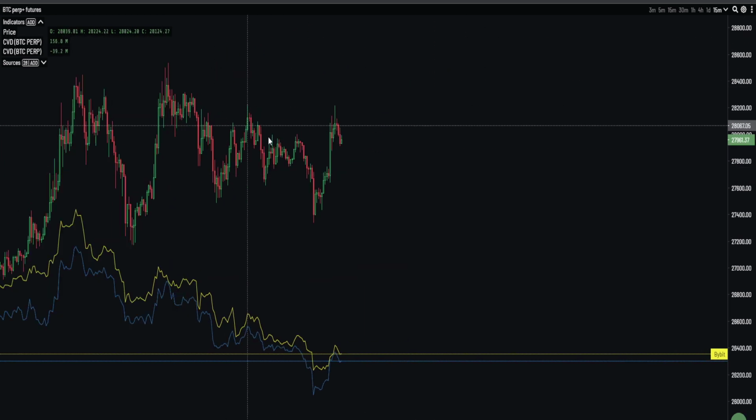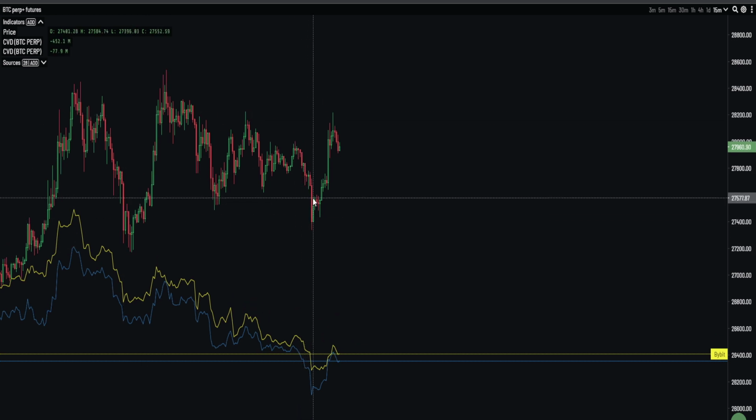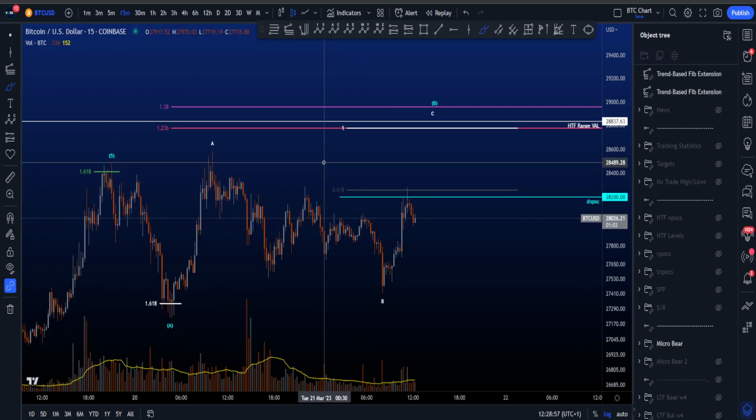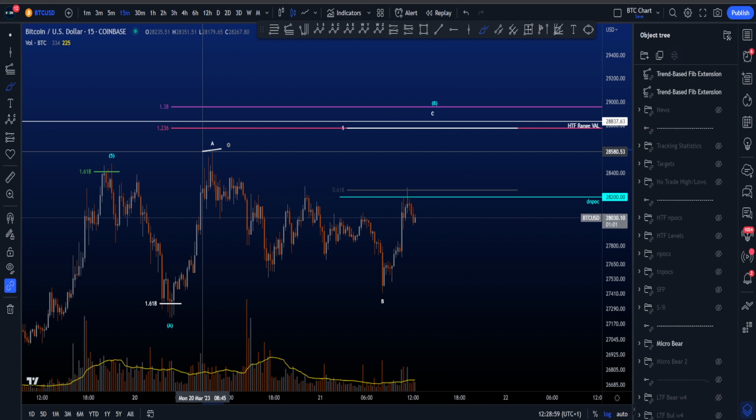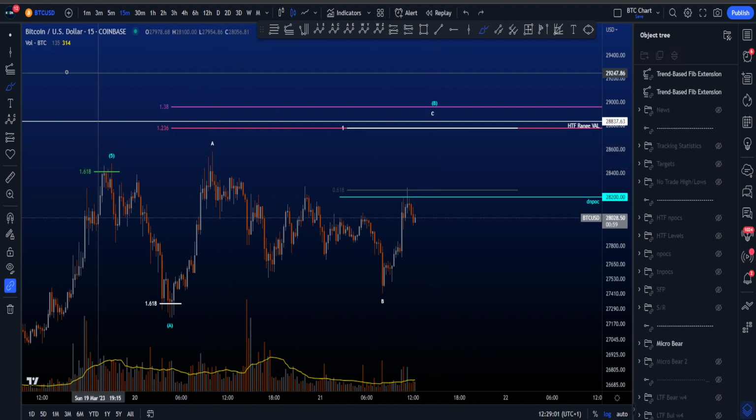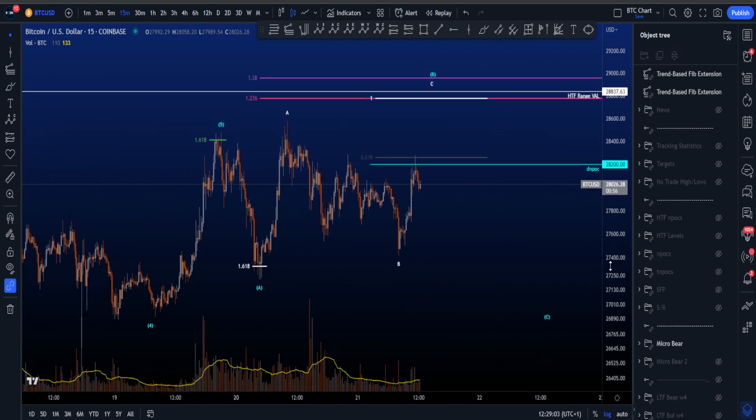But then when price came down in this potential B wave, you can see that the low over here and this low again created lower lows on the CVD, but higher lows in price. And basically what it means is that there's more selling in these lows than there is over here, but it's being absorbed, which therefore makes it more likely for price to push to the upside. And it has played out theoretically if we then take the high of A. So yeah, this would be such a nice scenario in my opinion.